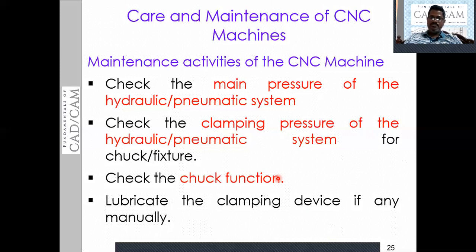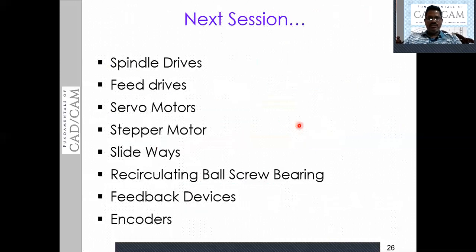We need to check whether the chucks are functioning properly, and check the pressure in the pneumatic and hydraulic clamping systems. All these we need to take care of, and lubricate the clamping device manually if necessary.